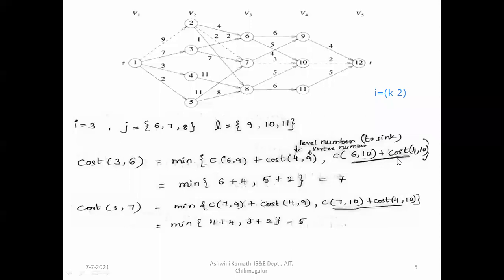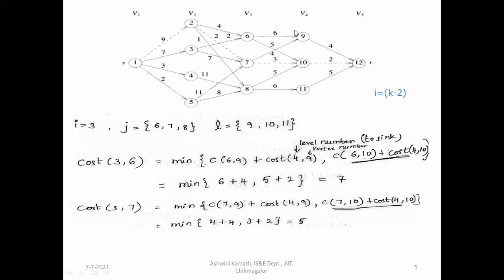From 3 to 7 also we have to calculate. Okay, from 3 to 7, minimum of C of 7 to 9. From 7 we have two vertices connected to stage 4. One is 7 to 9, another one is 7 to 10, right? So 7 to 9 plus cost of 4, 9.